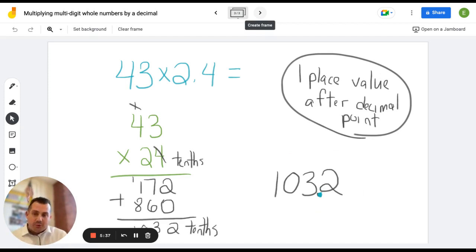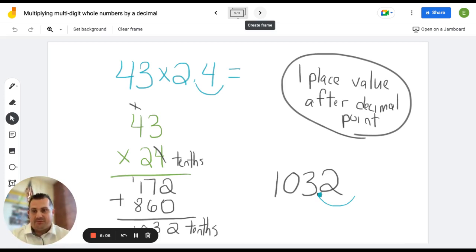The old school way of thinking was, and if any parents are watching this, when I multiply 43 times 2 and 4 tenths, there was one hop after the decimal point. So I need to make one hop in from the end of my number. When we say one hop, we're really talking about one place value position.